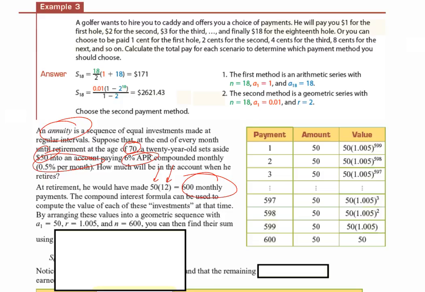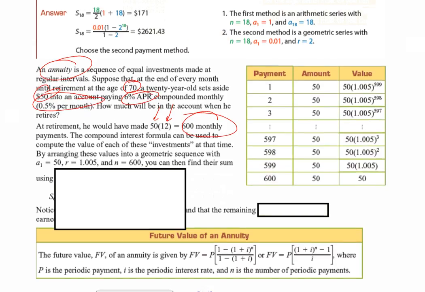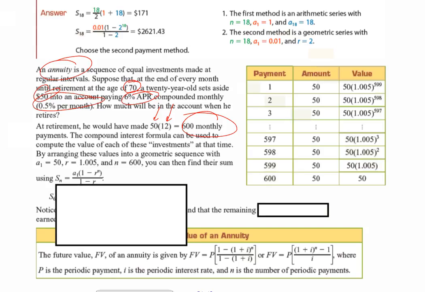You can make a sequence out of this, and by making a sequence out of this, you could figure out the sum of the value of these 600 months. That's the concept here. And so you just run in the formula, right? Does that look familiar? It does. There's a summation formula for a geometric sequence.